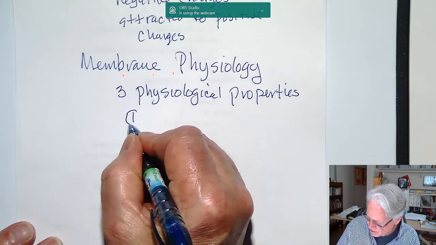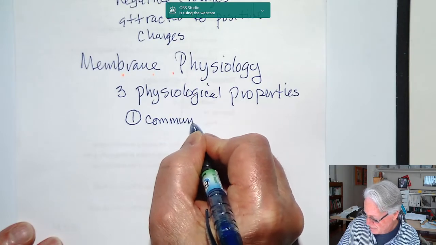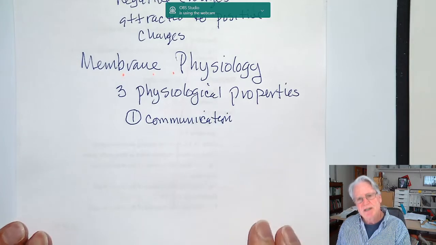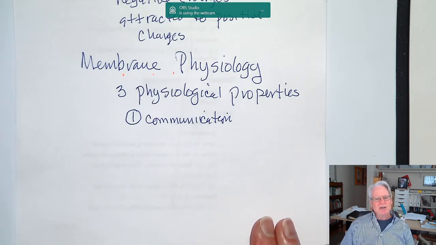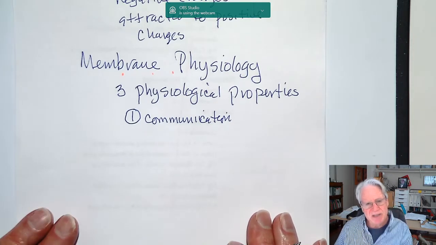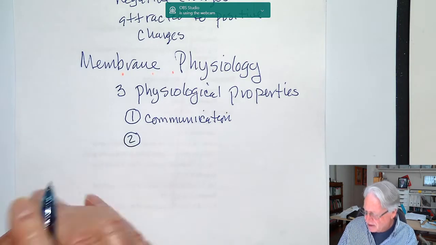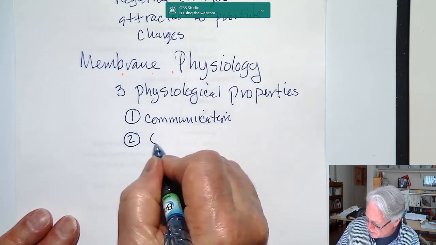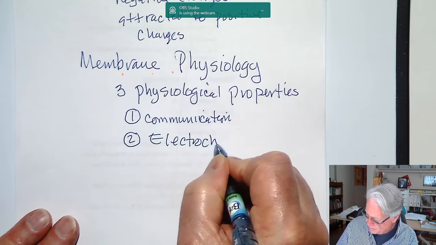So one of these properties is, number one, communication. This is a critical idea. Your body cells need to communicate with one another in order to coordinate the activities which maintain homeostasis inside the body. So communication is a very important property, and it comes out of, as I've already said, the properties we have just described. We also can produce this electrochemical gradient.